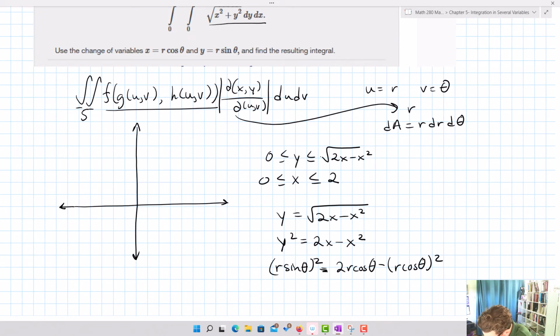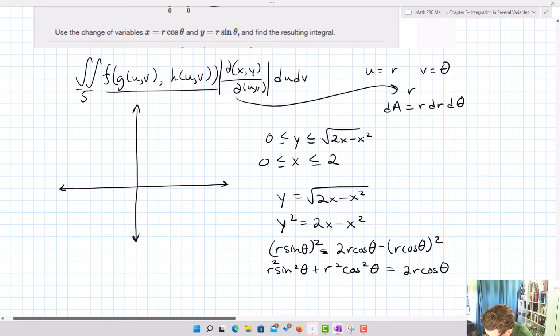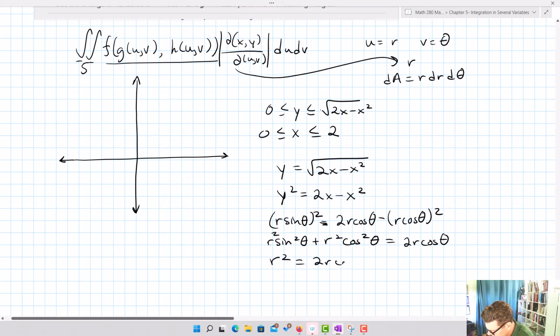We're going to get r squared sine squared theta plus r squared cosine squared theta equals 2r cosine theta. So this is then going to be r squared equals 2r cosine theta.